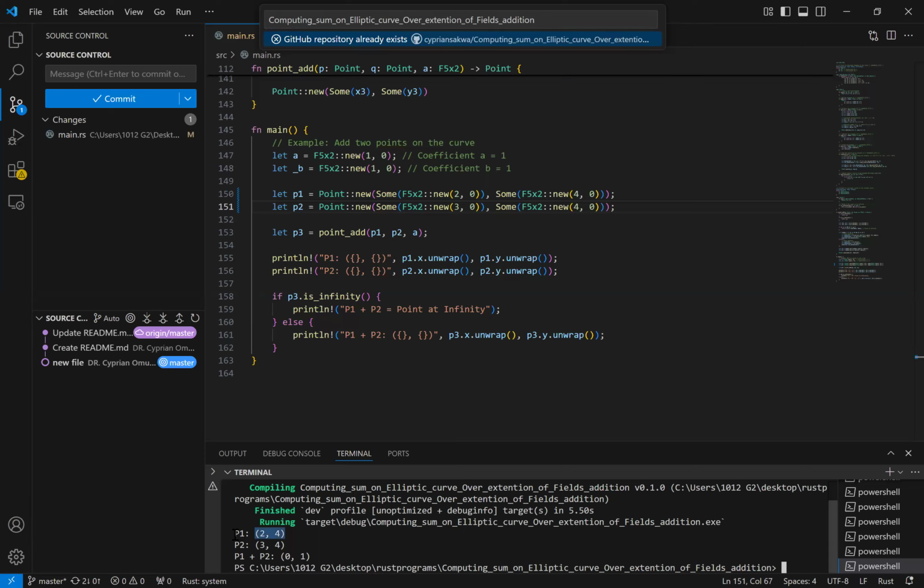It says P1 that was entered was 2, 4, and P2 that was entered was 3, 4, and that their sum would be 0, 1. I think that is what you are getting. So you can see it's very good to know how to enter the values here. You understand, because they are supposed to be in the form of a polynomial. Every time you are doing that, you must remember that the sum is 0, 1.